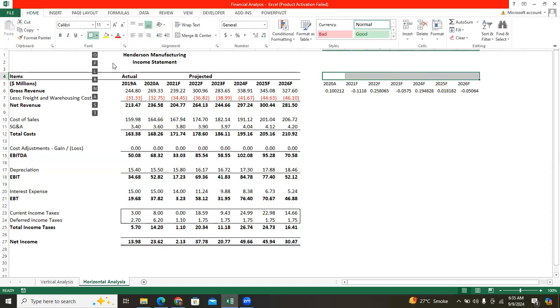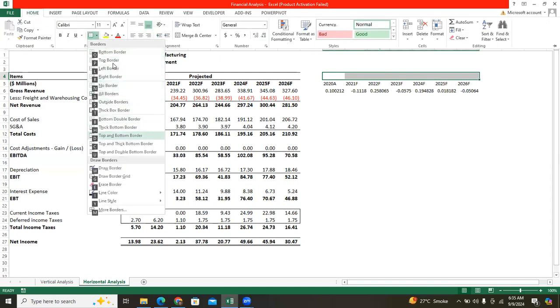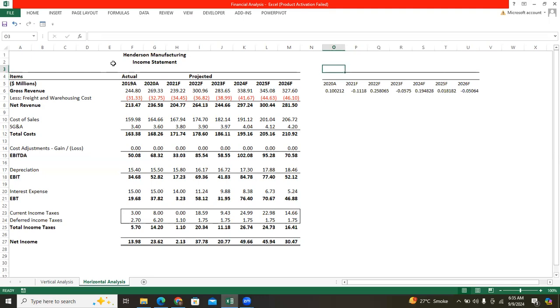Alt H B, add a top and bottom border. Horizontal analysis.